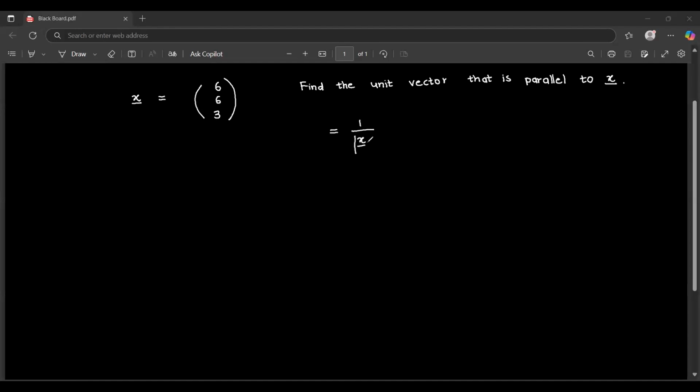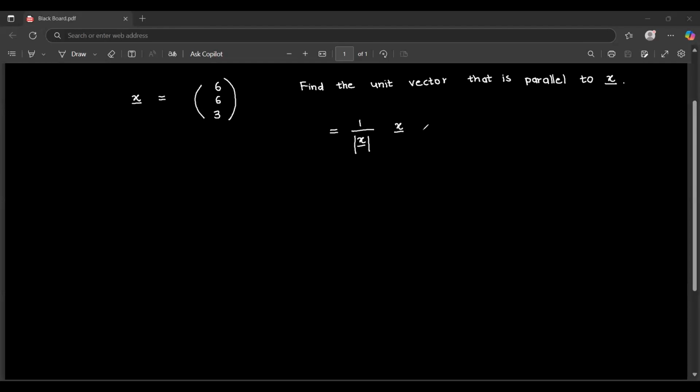Let's say there is a vector x which is equal to (6, 6, 3). The question says that we have to find the unit vector that is parallel to x. We know the equation: the unit vector parallel to x is equal to 1 over the modulus of x, times x.